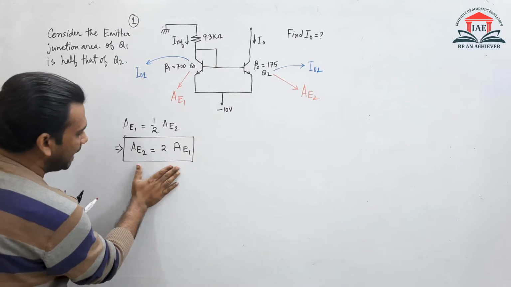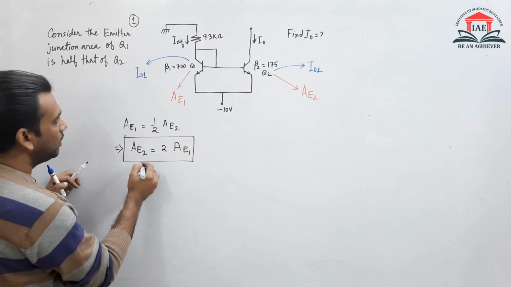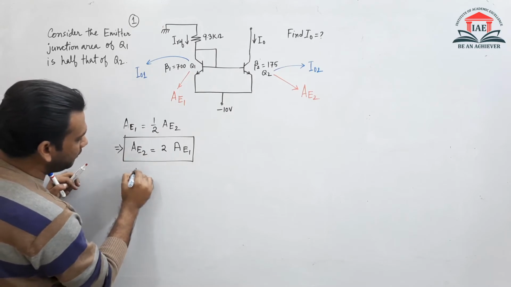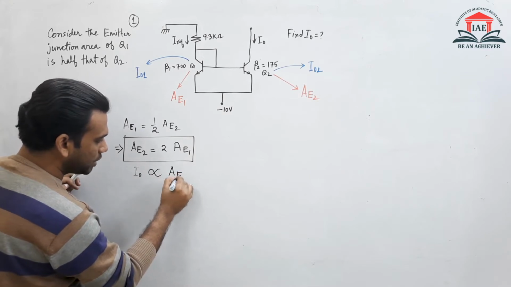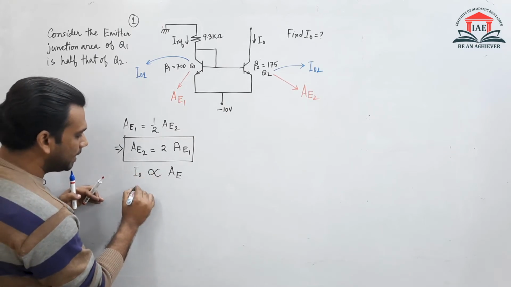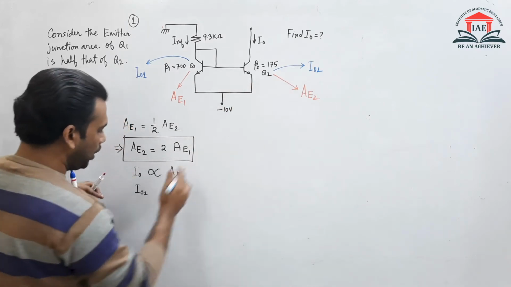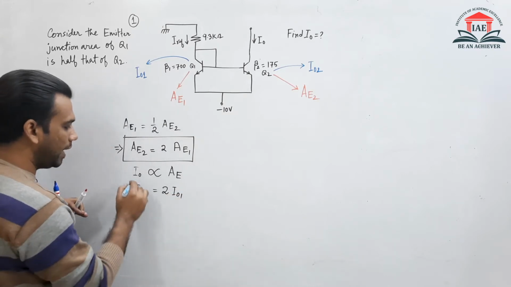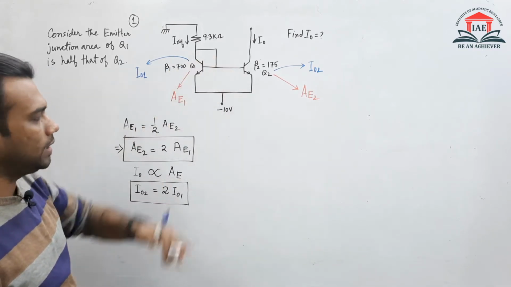It will be determined by the emitter junction area, because the reverse saturation current I0 is proportional to the emitter junction area of any transistor. So I can write that IO2, the reverse saturation current of Q2, is equal to twice the reverse saturation current IO1. So this is the relation between the reverse saturation currents of the two transistors.